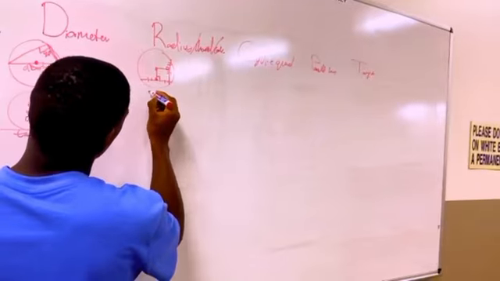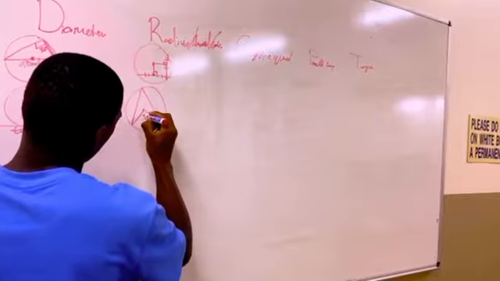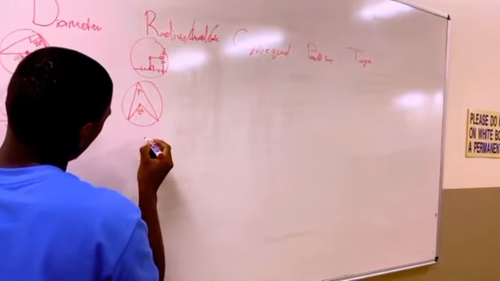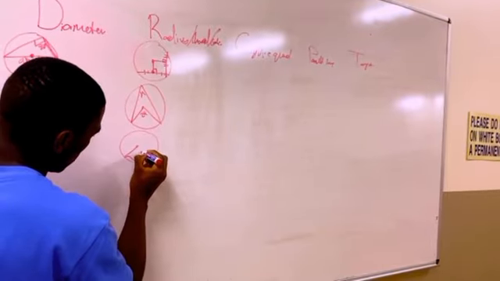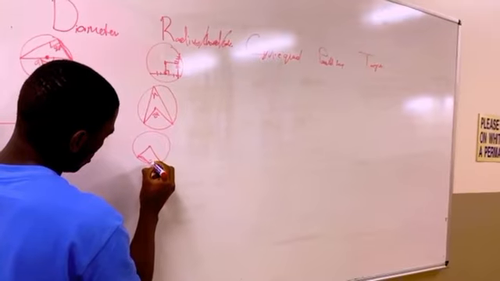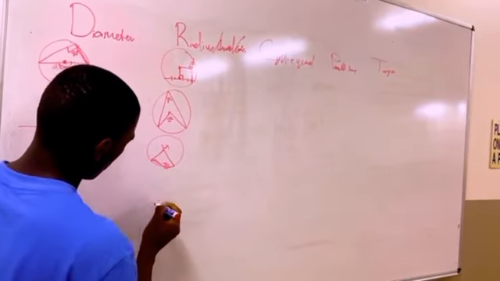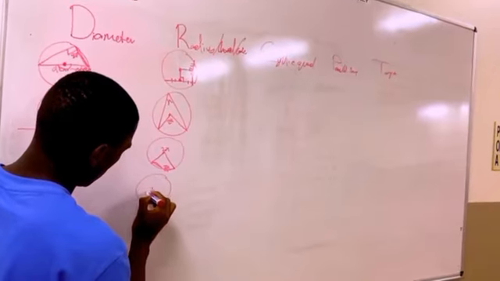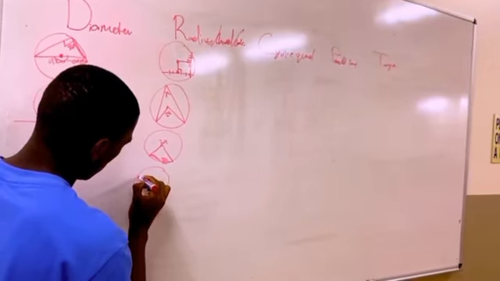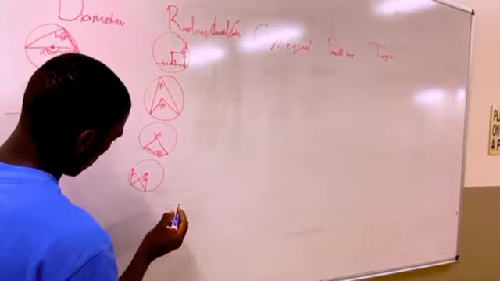Then we have angle at center, which comes in many ways. It's a concave type. We have an equilateral, which is this one, and this is x, this is 2x. Then we have this one, which is x, 2x.